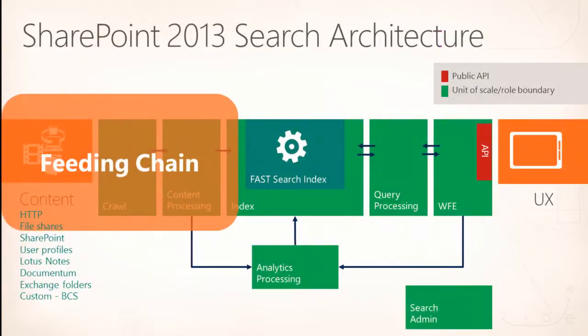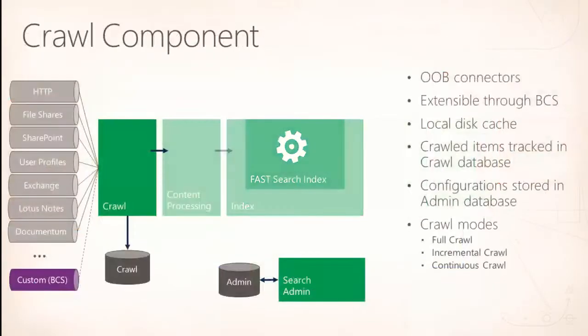So let's go into the feeding chain. The first component you will see here is the crawl component, and it's at the outset not much different from what you are familiar with in SharePoint 2010. Now, a couple of its workloads have been separated out into a separate content processing component. So the crawler in SharePoint 2013 is more specialized.